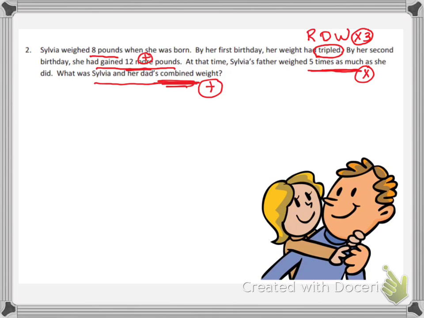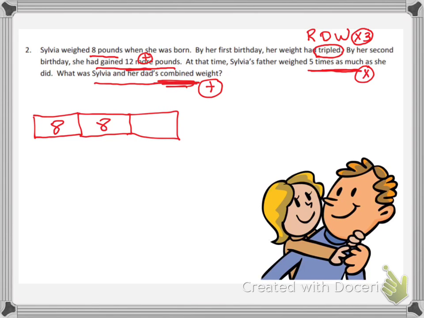Sylvia weighed 8 pounds when she was born. By her first birthday, her weight had tripled. Okay, so she was 8 pounds when she was born, but then her weight tripled. So 2, 3, because it's basically saying 3 times.